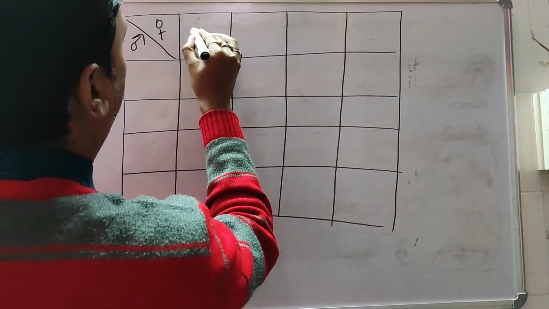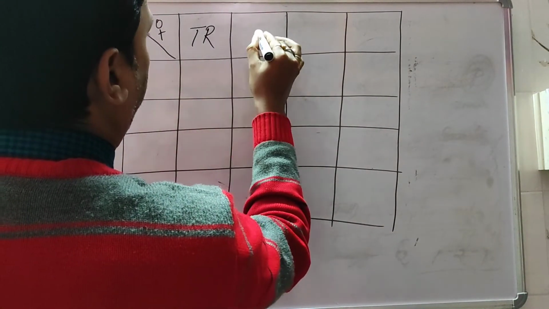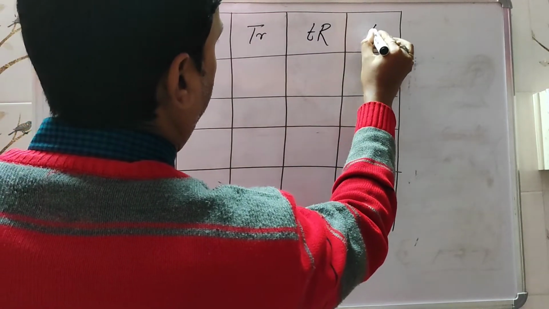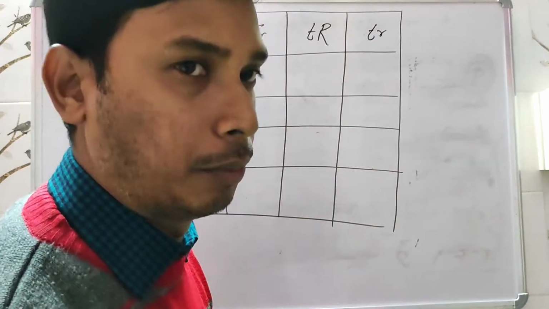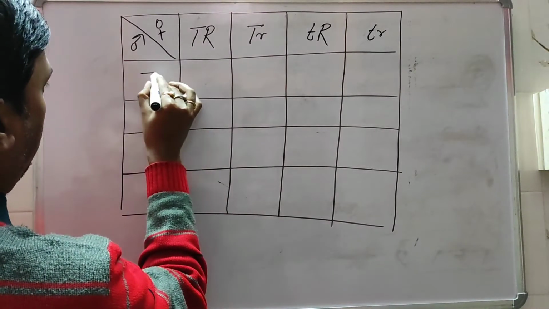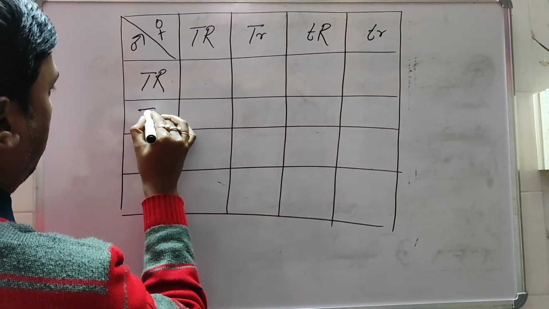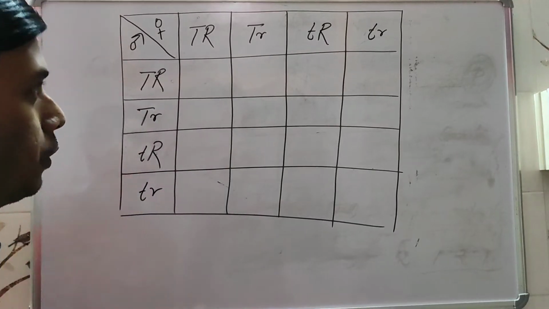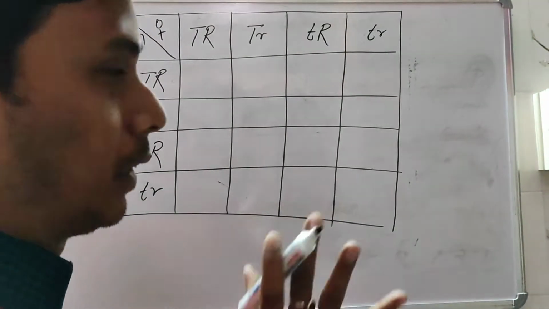I obtained capital T capital R, capital T small r, small t capital R, and small t small r as gametes. Here also the same: capital T capital R, capital T small r, small t capital R, and small t small r. So I placed the gametes.